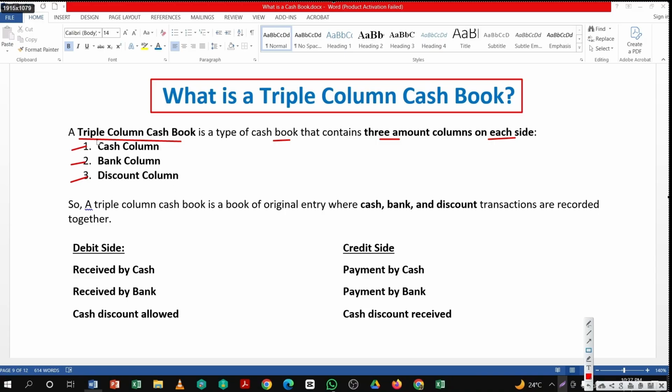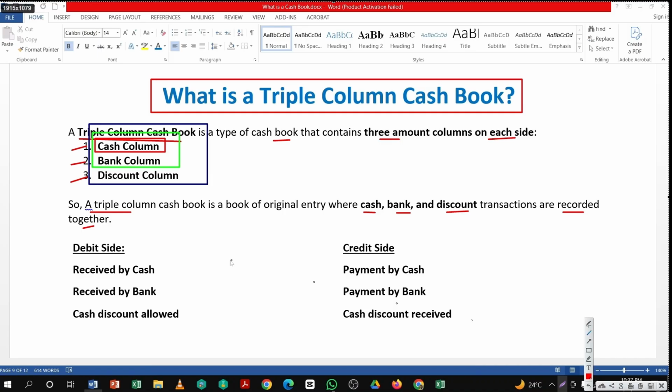Single column cash book, only cash column. Double column cash book, cash and bank column. Triple column cash book, cash, bank, and discount column. So, a triple column cash book is a book of original entry where cash, bank, and discount transactions are recorded together.